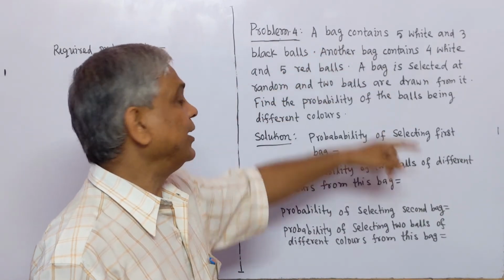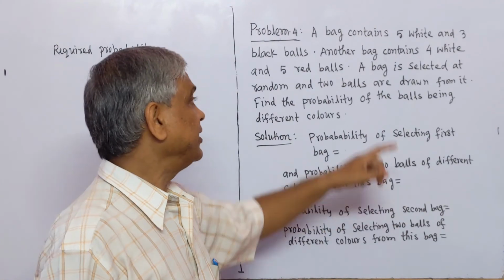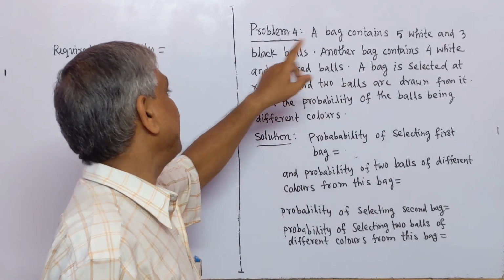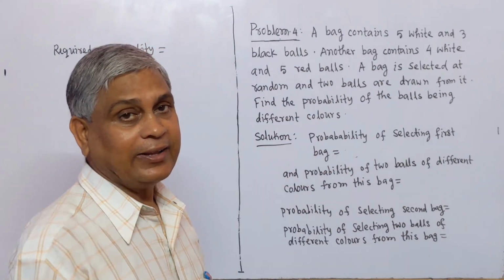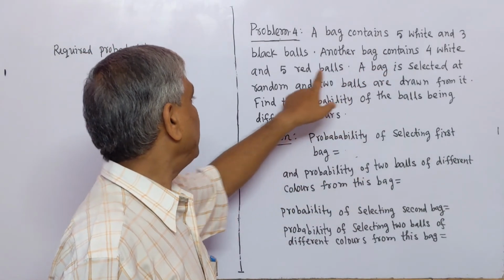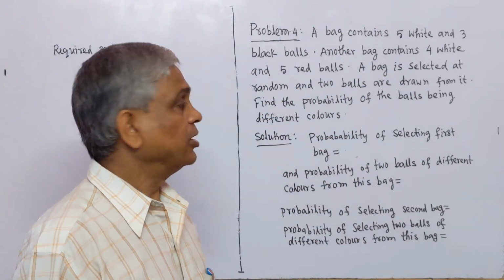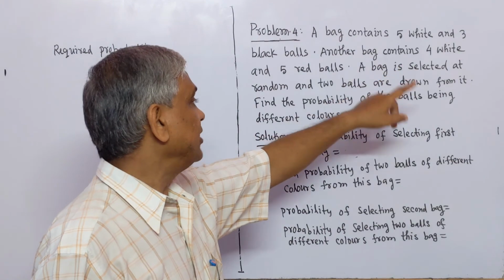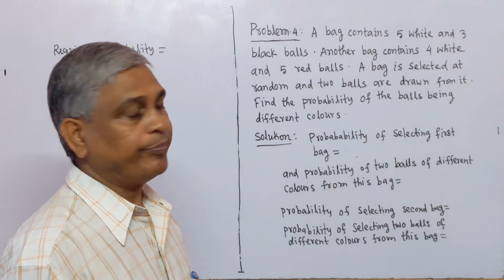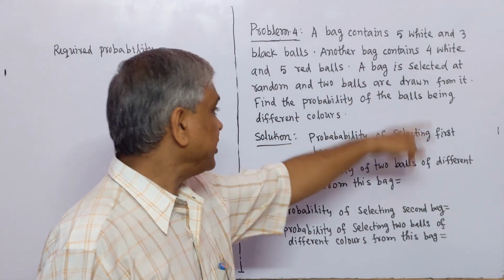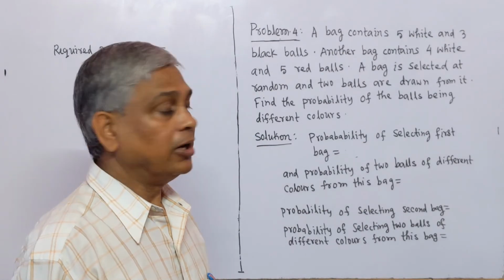A bag contains 5 white and 3 black balls. Another bag contains 4 white and 5 red balls. A bag is selected at random and 2 balls are drawn from it.